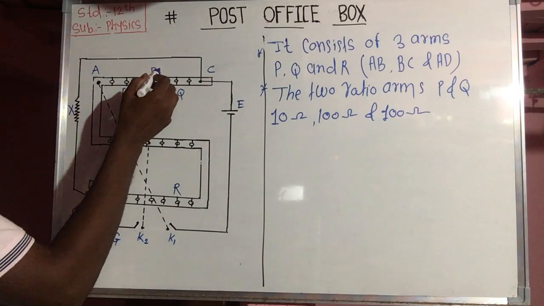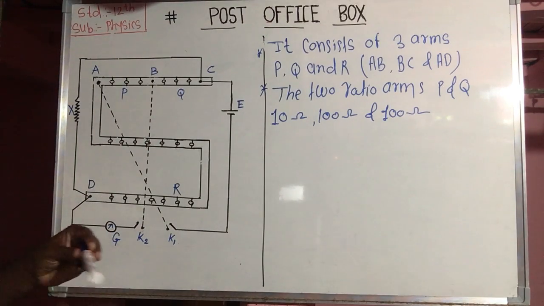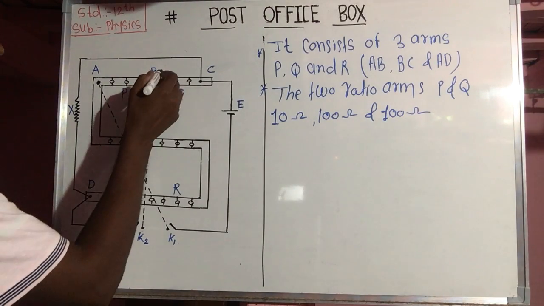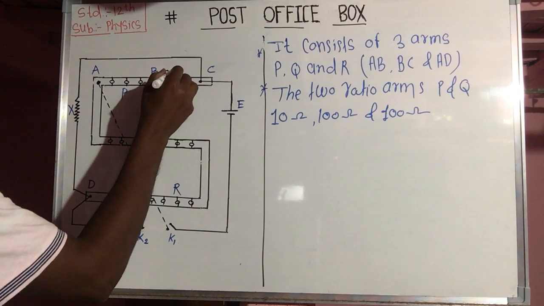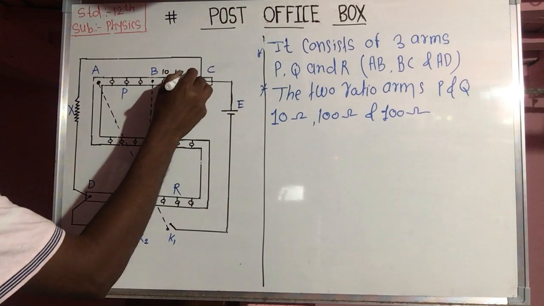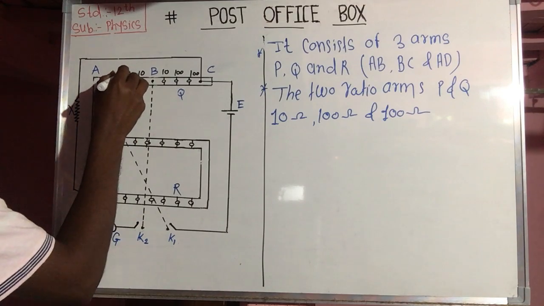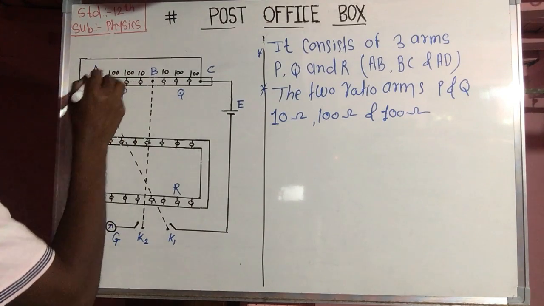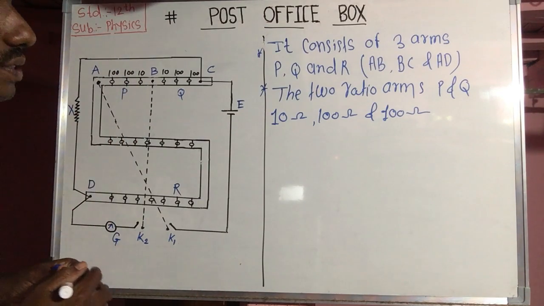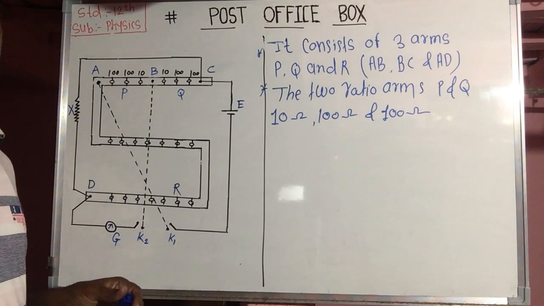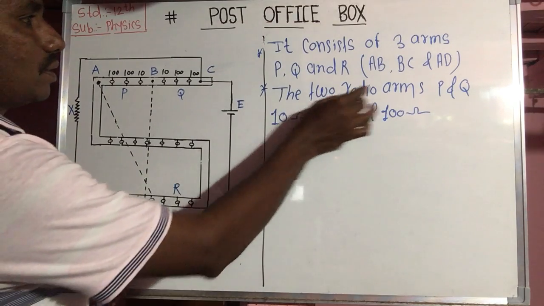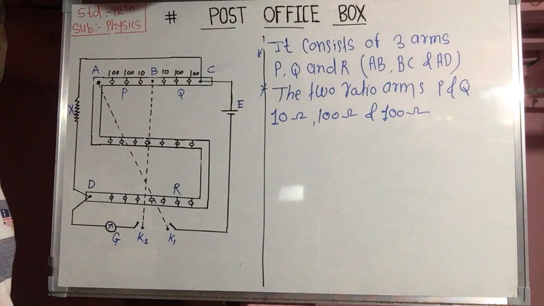So here is a 10 ohm, here is a 100 ohm, here is a 1000 ohm. Also in this arm, 10 ohm, 100 ohm and 1000 ohm. So both arms contain the same resistances. That's why they are called the two ratio arms.